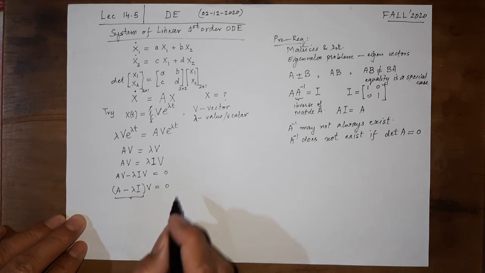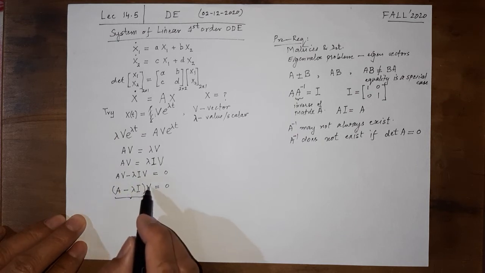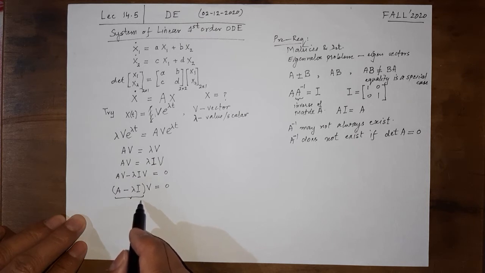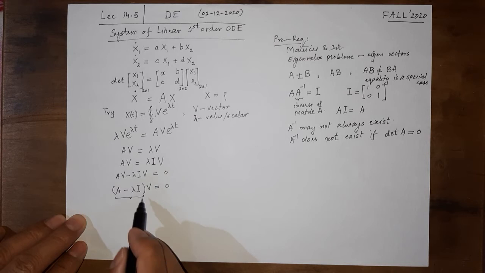In fact, it's a vector. Why? Because this is a 2 by 2 matrix and this is a 2 by 1 matrix. When we multiply both of them, we get a 2 by 1 vector. That's very important to know.